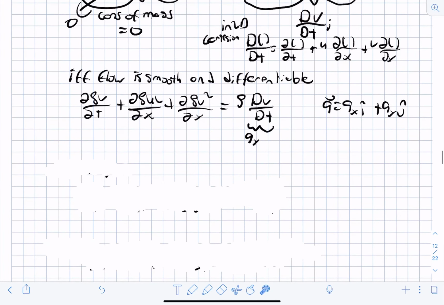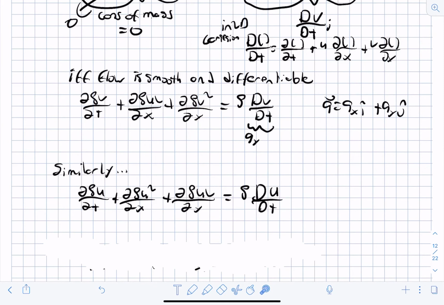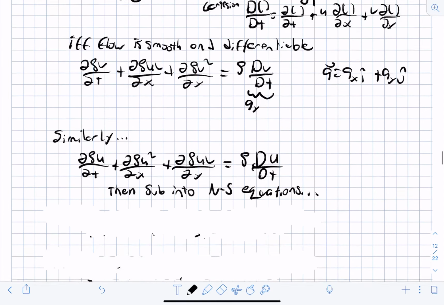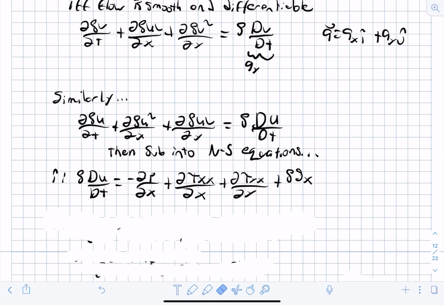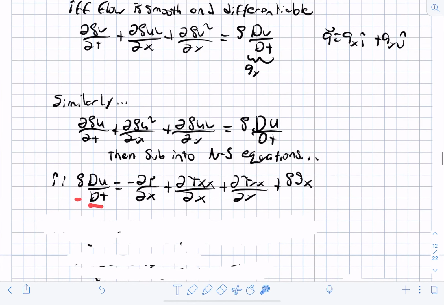Then substituting into the Navier Stokes equations, in the i hat direction we get rho Du Dt equal to the sum of the forces, and this is really mass times acceleration.